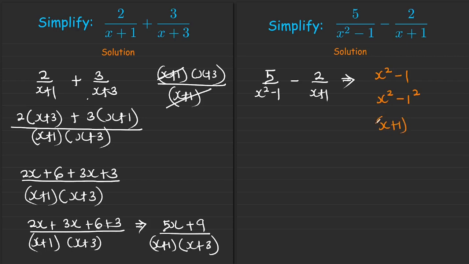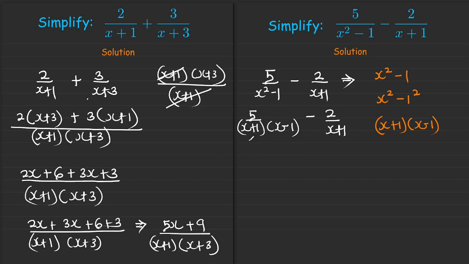Add the numbers, and then subtract them, and then find the product. So that instead of what we have here, we can rewrite it as 5 over x plus 1, and then x minus 1, then minus 2 over x plus 1. So this becomes the new question we want to work on.